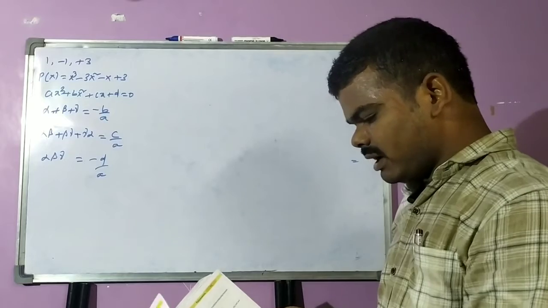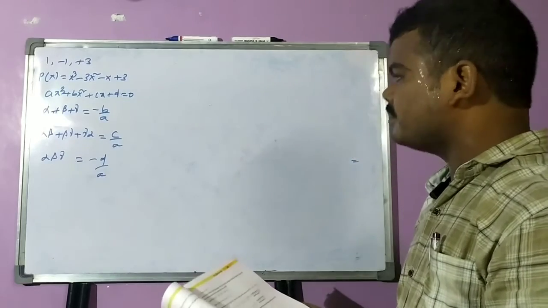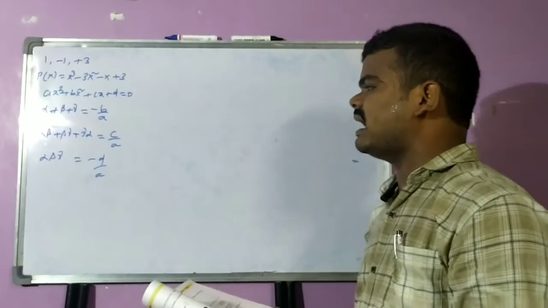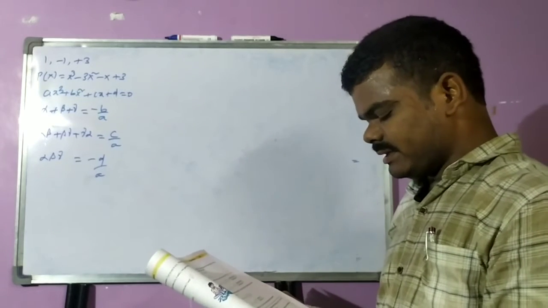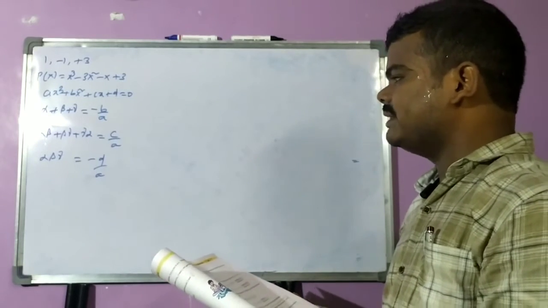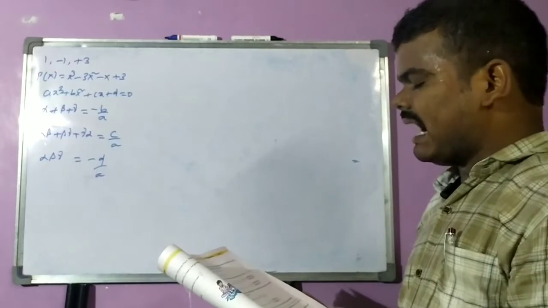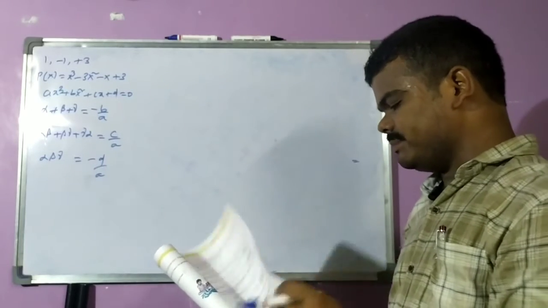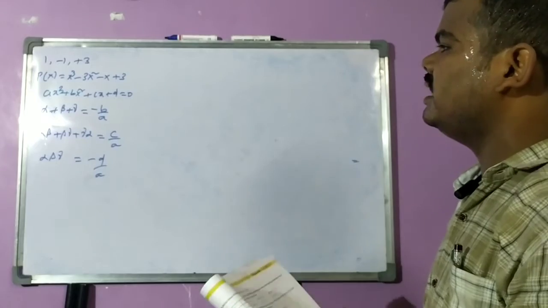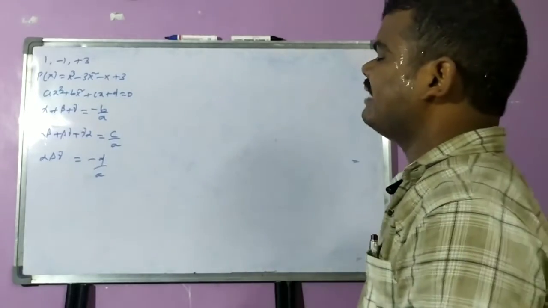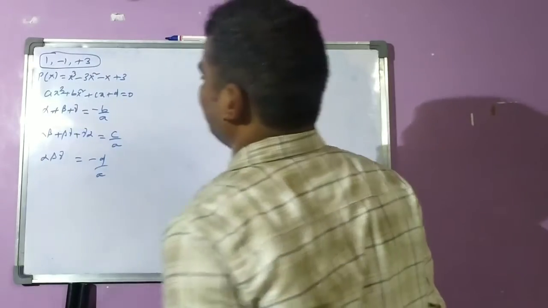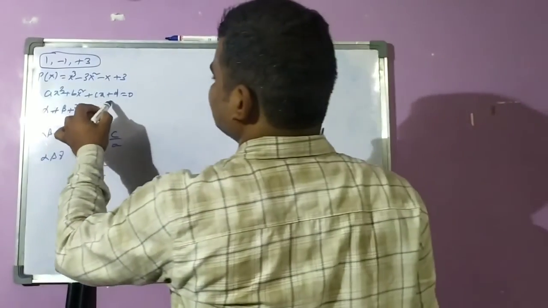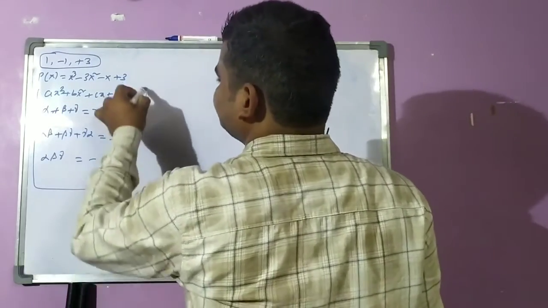For a cubic polynomial, the sum alpha plus beta plus gamma is equal to minus b by a. The sum of products, alpha beta plus beta gamma plus gamma alpha, is equal to c by a. Alpha beta gamma is equal to minus d by a. These are the cubic polynomial formulas. So remember these three formulas, these concepts.